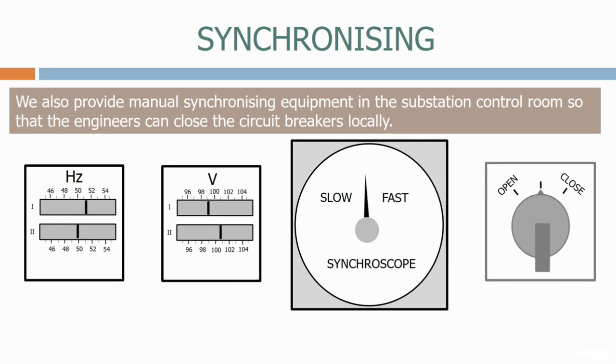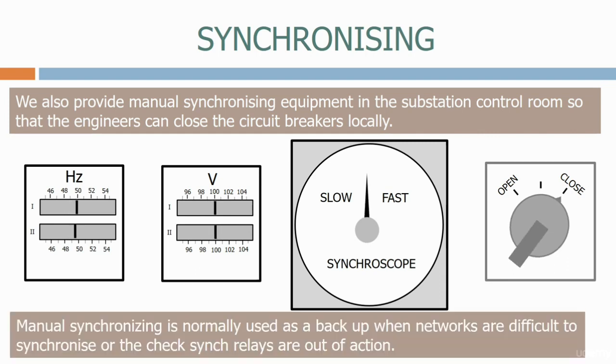The operator watches all three meters carefully, and when they think they're close enough, they manually close the circuit breaker. Manual synchronizing is normally used as a backup when networks are difficult to synchronize or the check-sync relays are out of action.